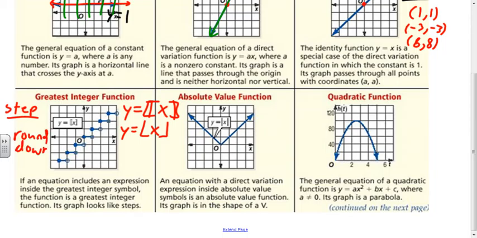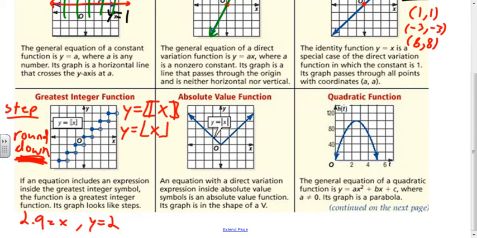No matter where you are at, you round down to the nearest integer. So if we plug in 2.9 for our x value, that means that our y value is 2. Even though normally you round 2.9 to 3 because it's closer, we always round downward, never upward. So we round down to 2.